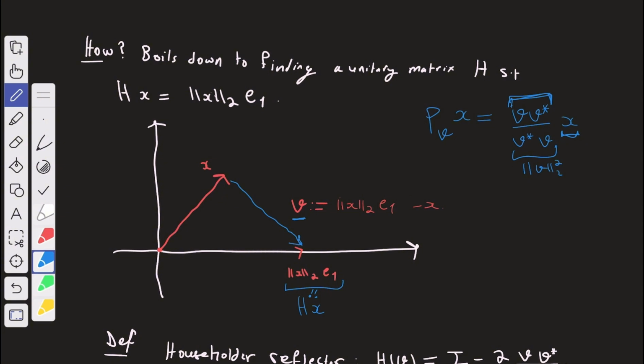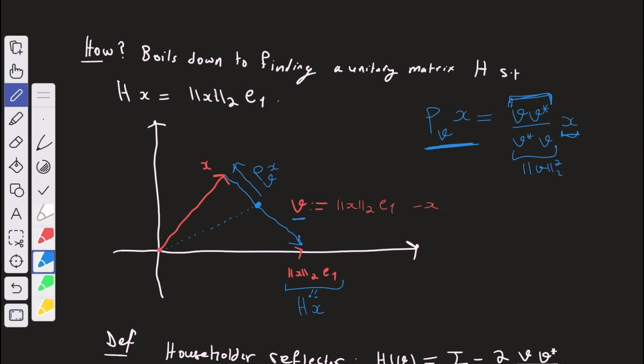Keeping in mind that this is the projection of x onto v, let us see what happens if we project x onto v. Well, this is a simple geometric fact. You will notice that if you project x onto v, you will get this vector. This is the projection of x onto v.